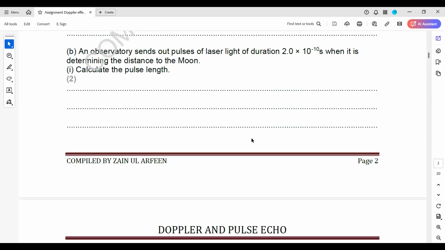An observatory sends out a pulse of laser light of duration 2 times 10 to the power minus 10 seconds. When it determines the distance to the moon, calculate the pulse length. So we want to determine the length of the pulse. How can we determine it?